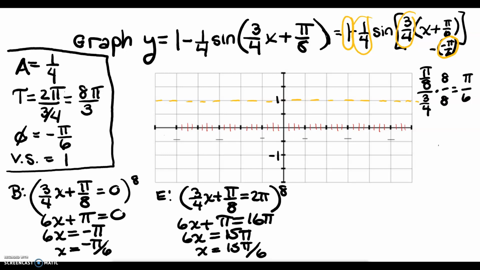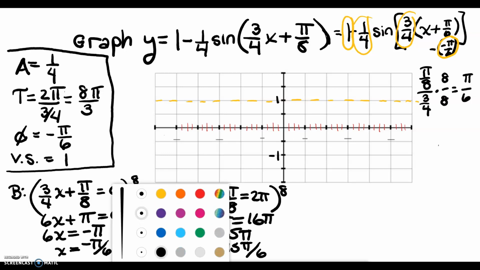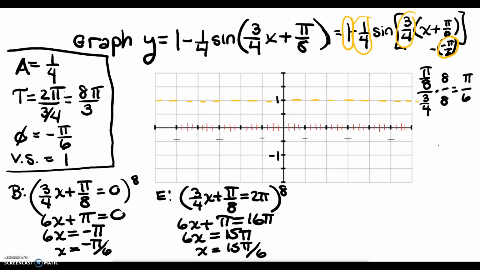And those are pretty small increments. I need 16 pi over 6's in between these two. So I divided each one of my big regions on my x-axis into 4 smaller parts. I'm going to go ahead and find negative pi over 6, and that'll be this one. And now I'm going to find 15 pi over 6. So that's 4, 8, 12, and this one will be 15.